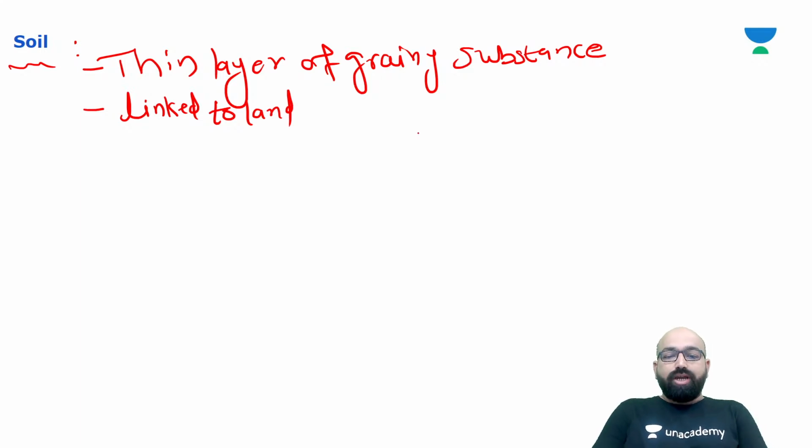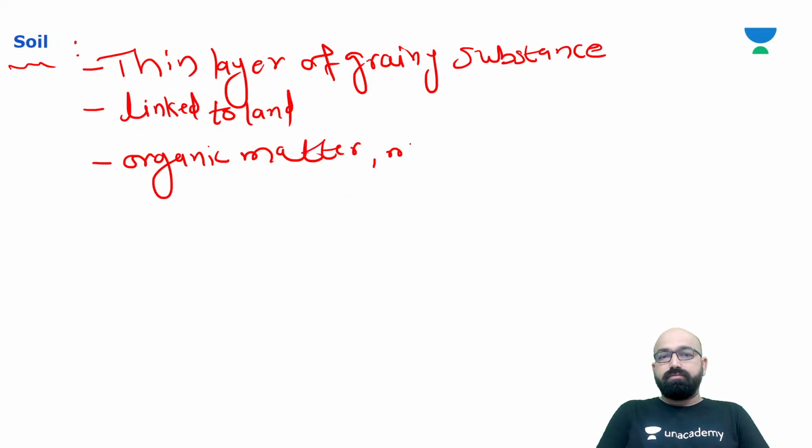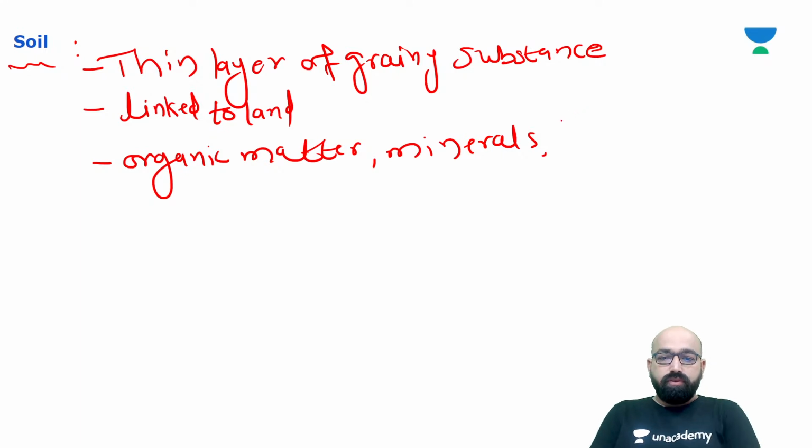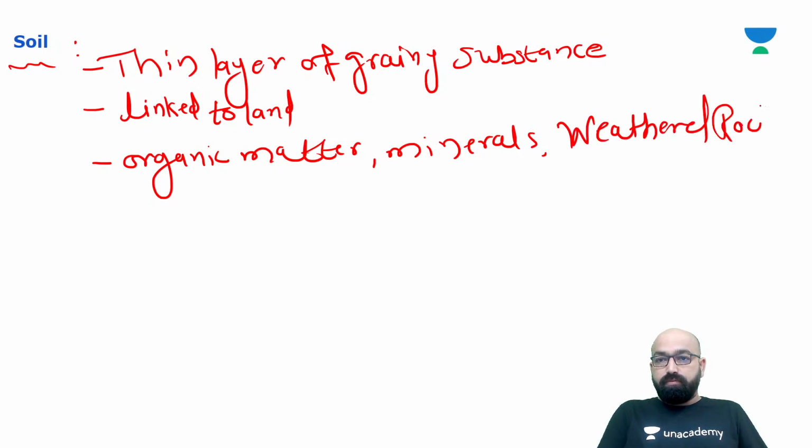So soil is made up of organic matter, minerals, and weathered rocks, which are found on the earth.